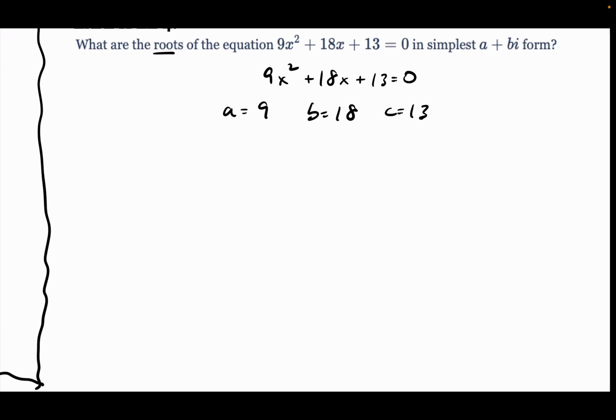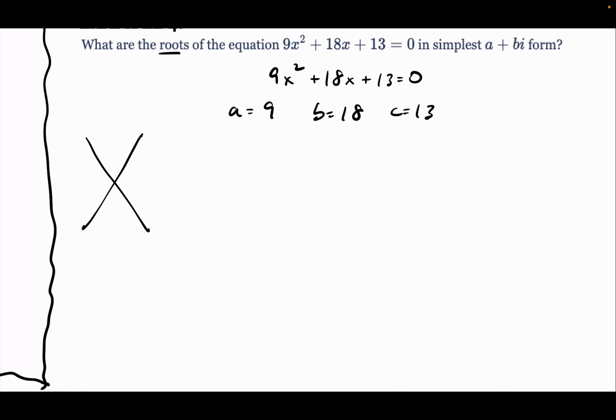9 times 13 is 117, and then 18 on the bottom. I have no idea what goes into 117. I could use my calculator, but let's say there are 2 things that go into 117.